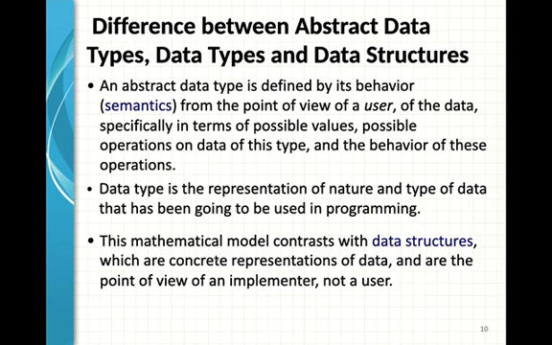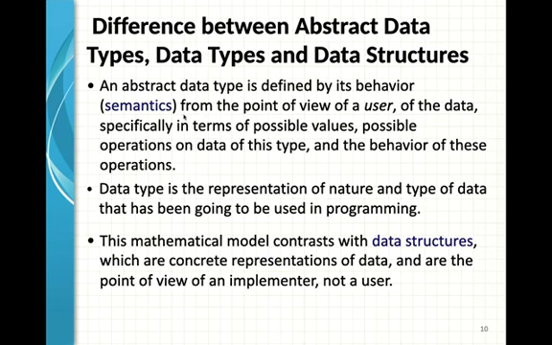Now there is a brief difference between ADT, data types and data structure. What is an ADT? An abstract data type, or ADT, is defined by its behavior, or semantics, that is, how it works.